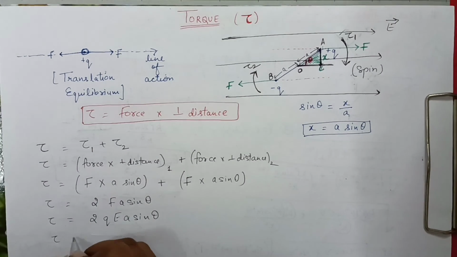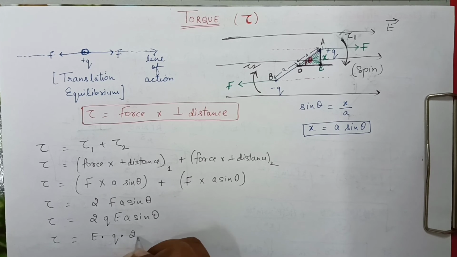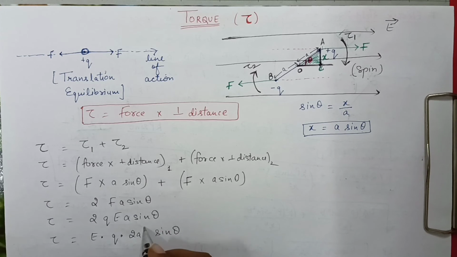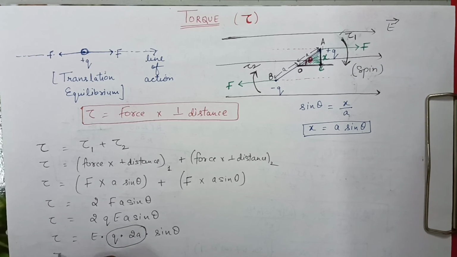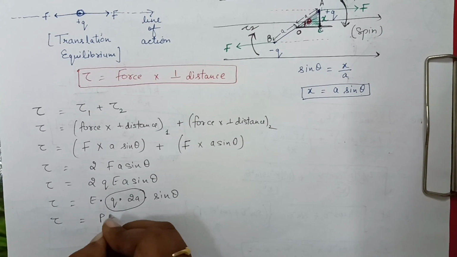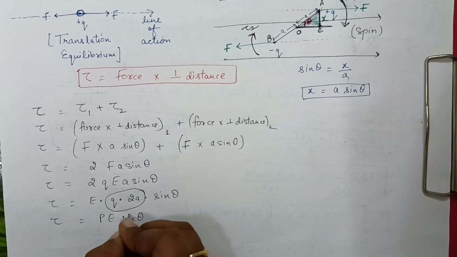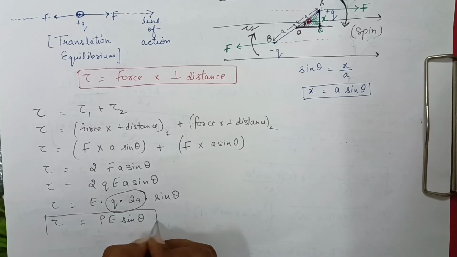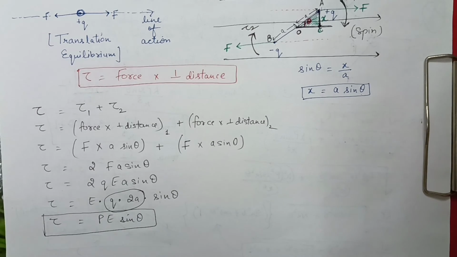We can write this as E into q into 2a into sine theta. Now q into 2a is what? That is p. So tau will be equal to pE sine theta. This is the formula for tau, that is torque.